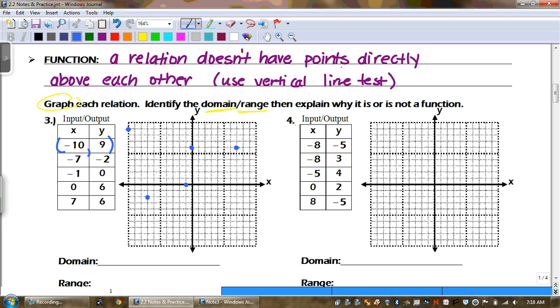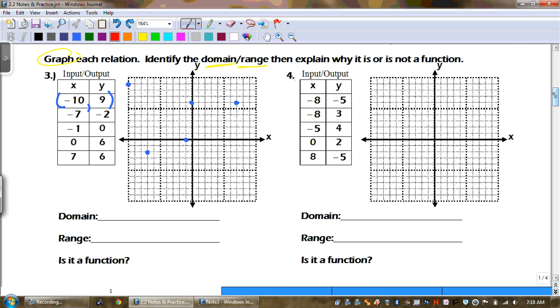And if we do the vertical line test by drawing a line, no matter where we draw that line, it only touches once, okay? So that's good news for us because it's a function. Let's go ahead and identify the domain and the range. So the domain is all of our x's, which is -10, -7, -1, 0, and 7.